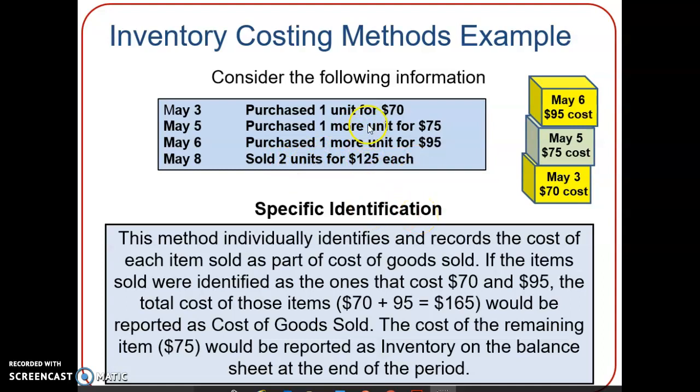So we of course have a simplified case here in that we don't have beginning inventory, but eventually we can treat beginning inventory as part of the inventory available for sale. So don't worry about that. So here the challenge is you have 3 units that are available for sale: 1, 2, and 3. But you sold 2 units.